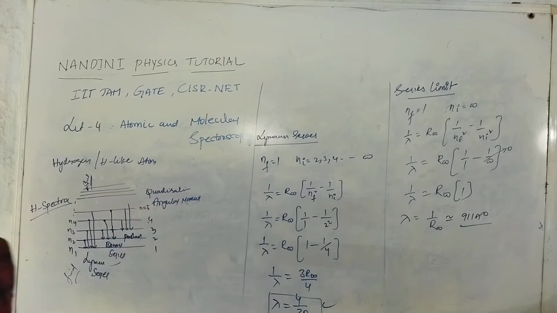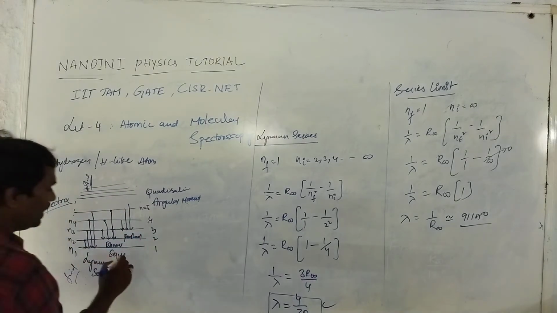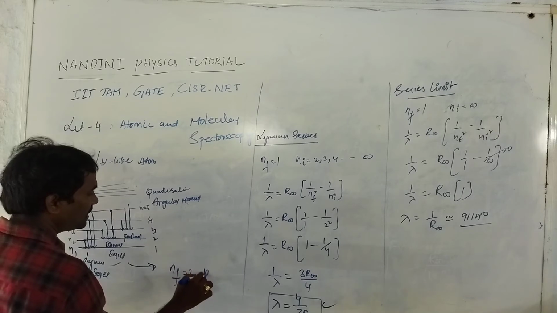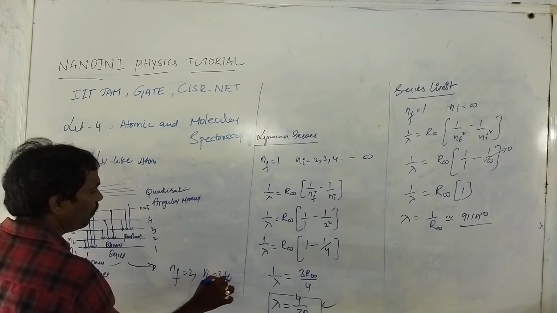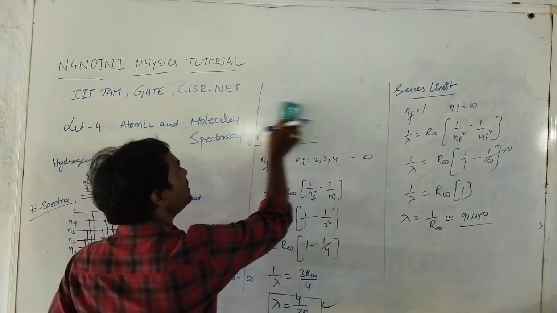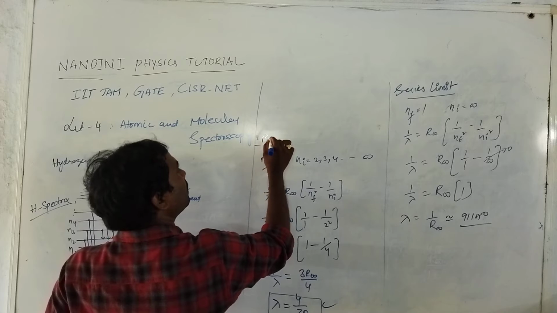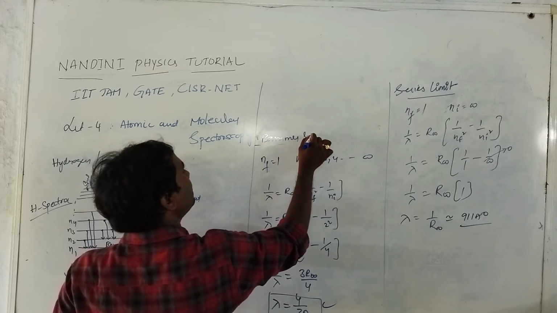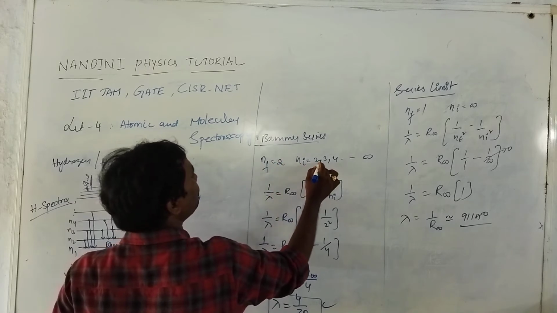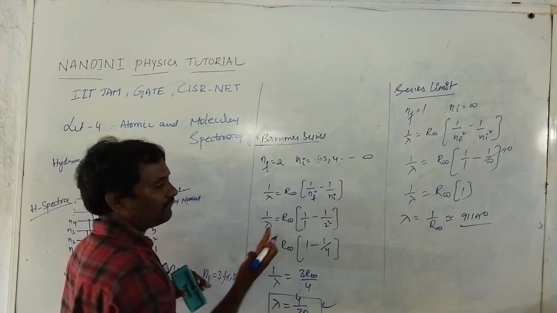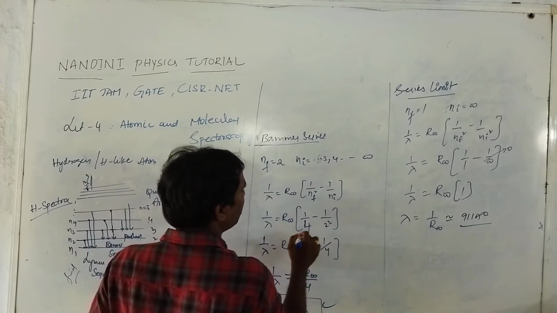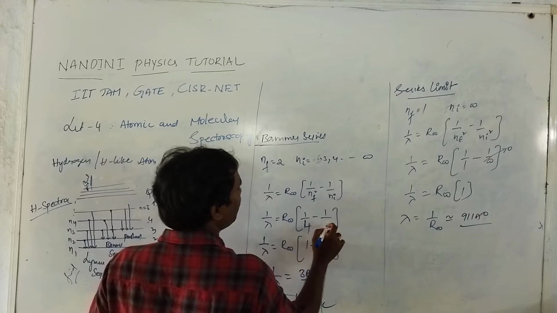Okay. So similarly, come to the second case, Balmer. In the case of Balmer, the final state is represented by 2 and the initial state goes from 3, 4, 5 up to infinity. So this is the Balmer series. Simply substitute: 2 square is 4 and 3 square is 9.